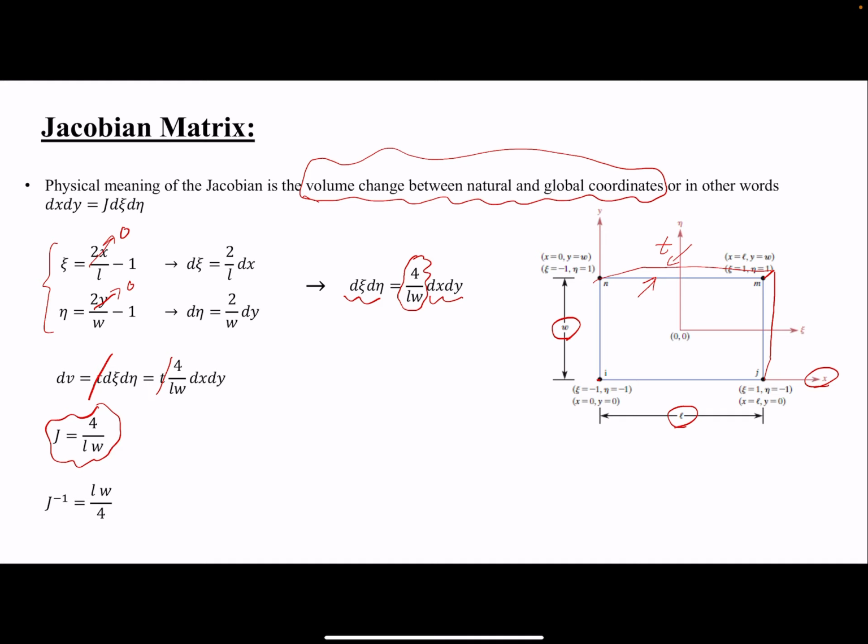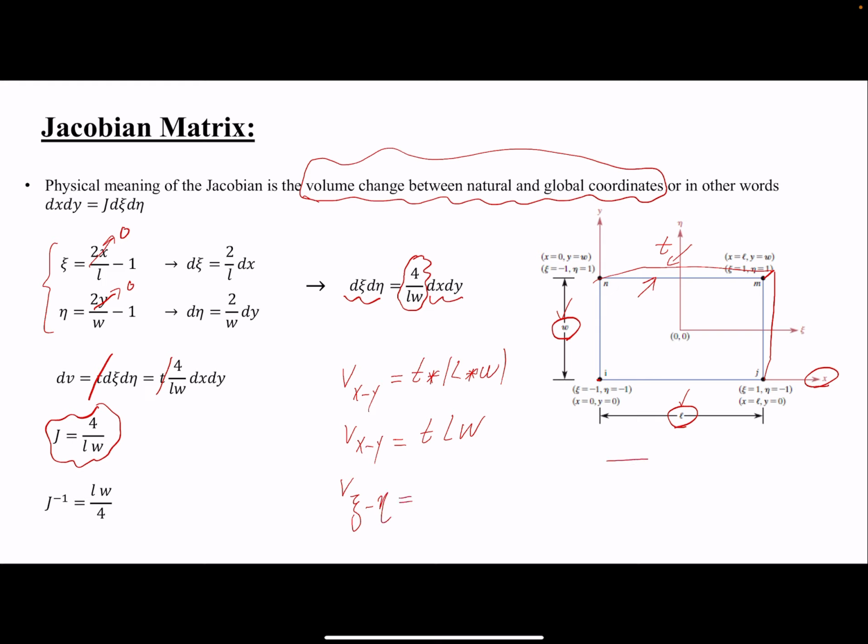If I don't want to use this equation and just look at it based on the physical meaning of the Jacobian, I would ask: what is the volume if I use xy coordinates? Of course, I have the thickness and then the area. What is the area? L times W. So V in xy is simply TLW. What if I want to use Kc and eta?